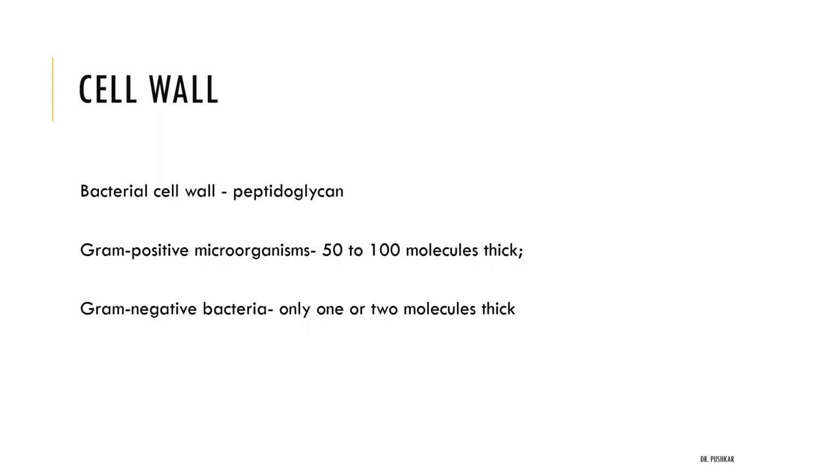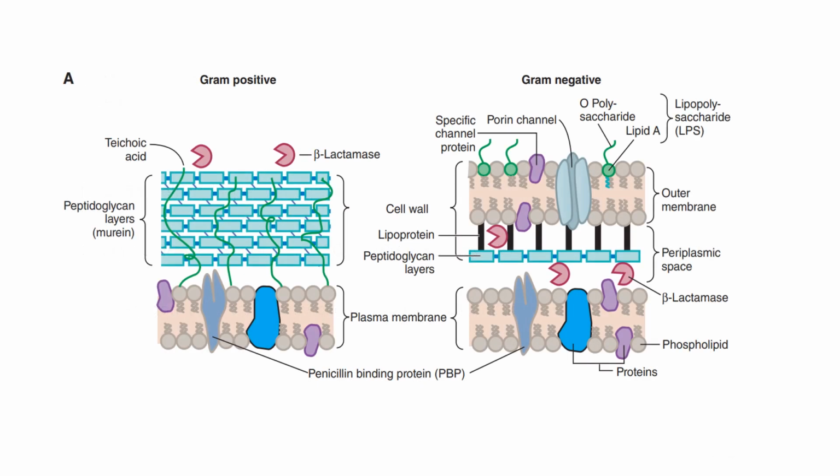So the bacterial cell wall contains the peptidoglycans, and the gram-positive microorganisms have a 50 to 100 molecule thick cell wall, while the gram-negative bacteria have only a 1 to 2 molecule thick cell wall. Let's see that. This is the gram-positive bacteria cell wall, and as you can see there are multiple layers of peptidoglycan, so they have a thick cell wall.